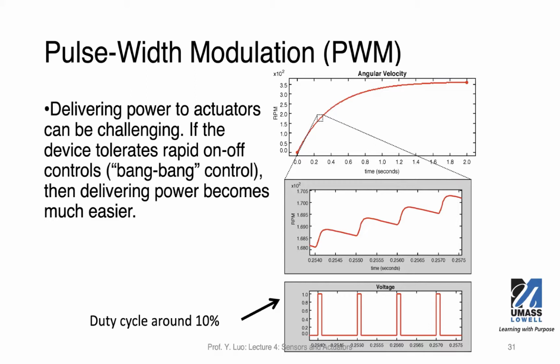So it'll be hard if you need to apply a continuous quantity. Let's say you want to move the voltage continuously from 0 to 5 volts. Oftentimes you can output a 0, that means 0 volt.